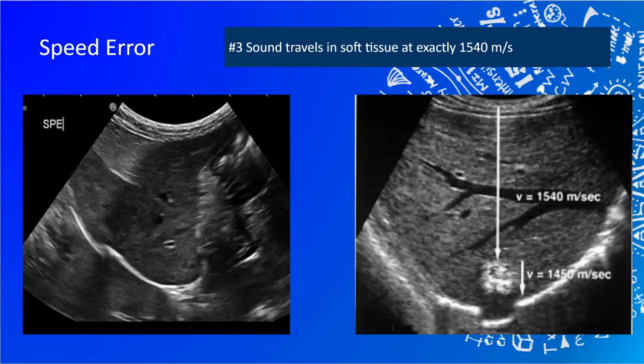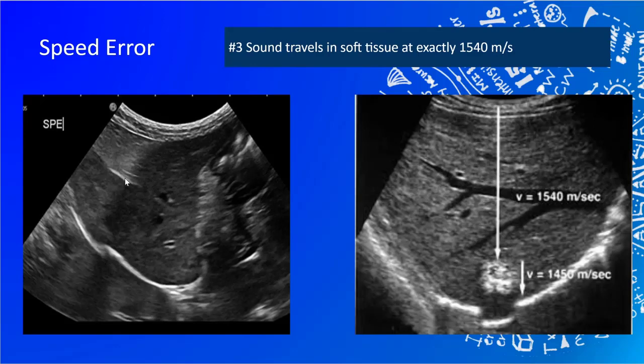Speed error brings in the idea that sound always is traveling at 1540 meters per second. We know that's not true, and sometimes it shows up as an artifact in our pictures. So sound is leaving the transducer at this point here. Again, we're looking at the liver here, and the liver we know has a different propagation speed than 1540 meters per second.